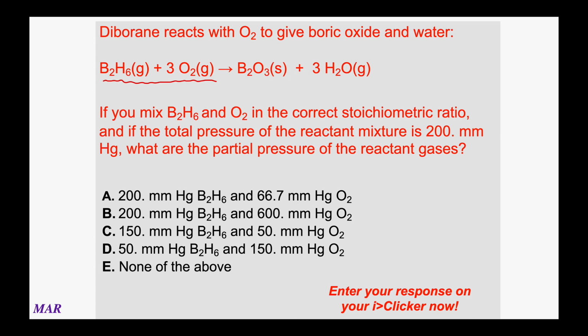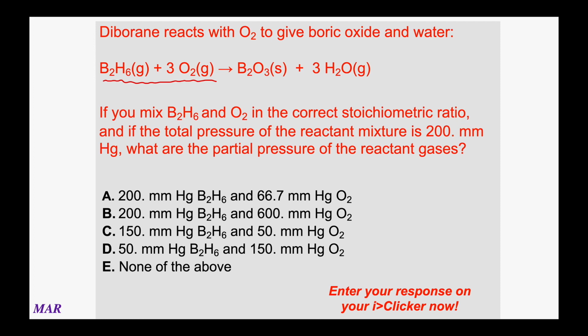Okay, at first this might seem a little bit weird, but remembering that the pressure of B2H6 plus the pressure of O2 equals 200 millimeters of mercury, we can actually figure this out, assuming that they're at that correct stoichiometric ratio. And if you go back to that ratio, it's 1 B2H6 for every 3 moles of oxygen.